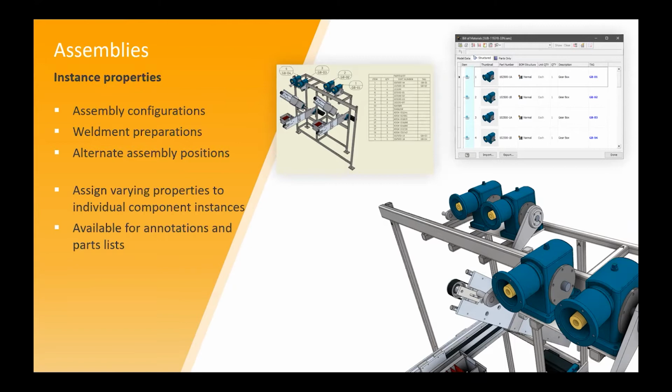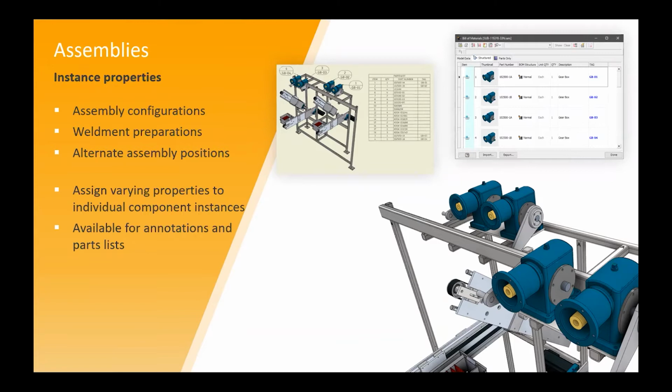Unlike traditional iProperties, instance properties don't affect the reference component files. Instance properties are assigned to an individual component instance only and can override custom iProperties. They are available in annotations such as balloons, leader notes, and also within parts lists.